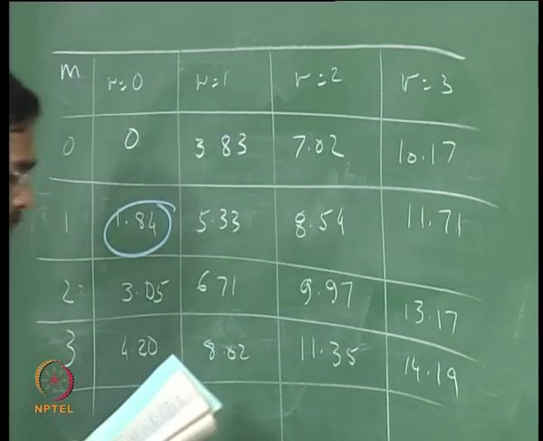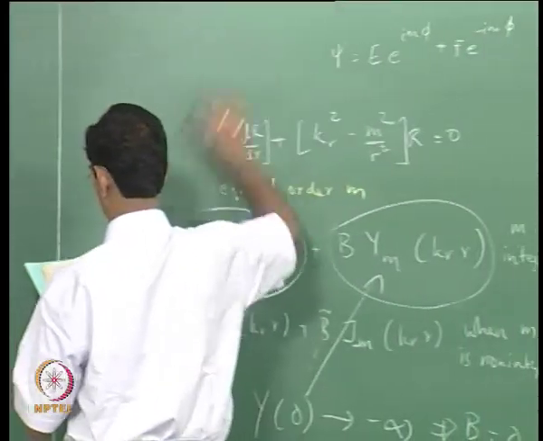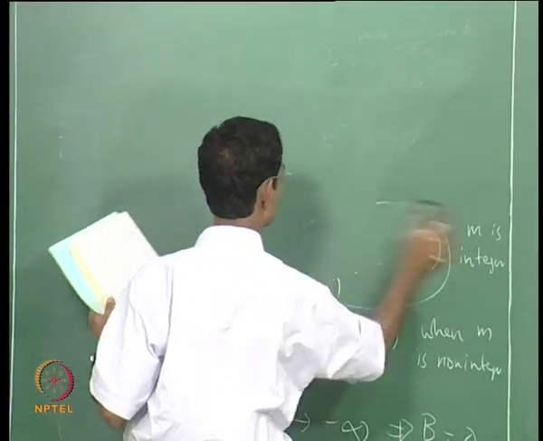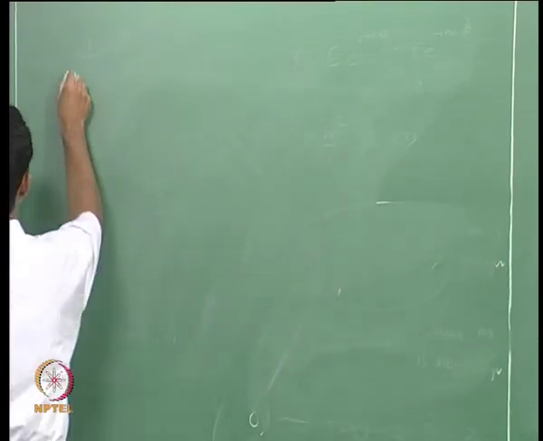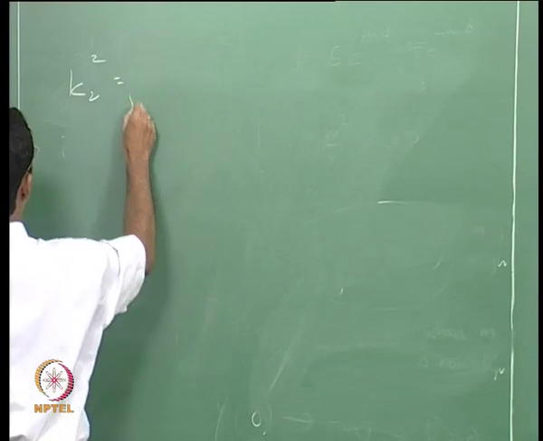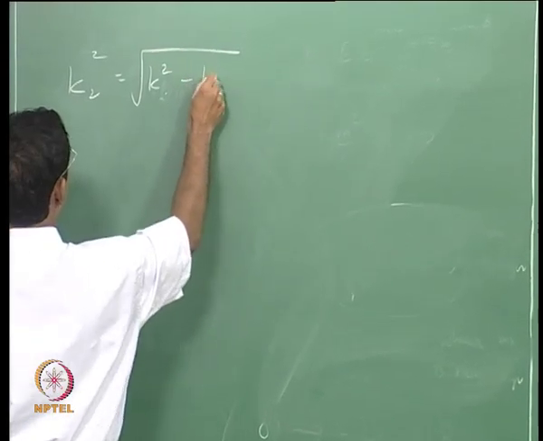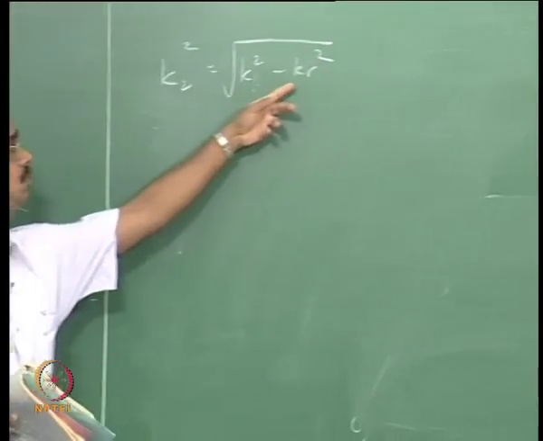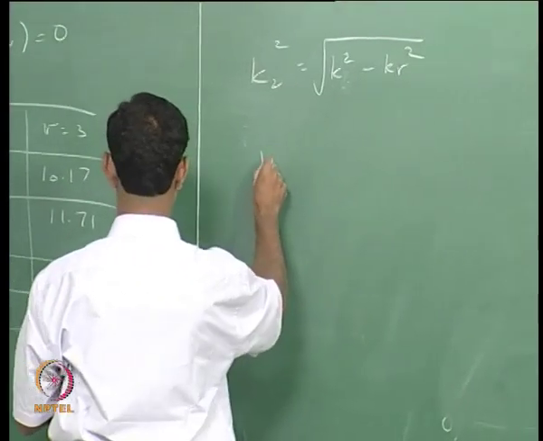So you have to have a k which is more than what kR gives, and what is the value of kR?